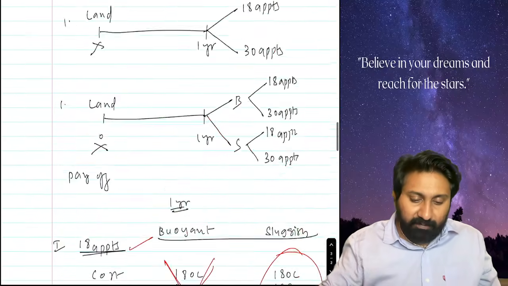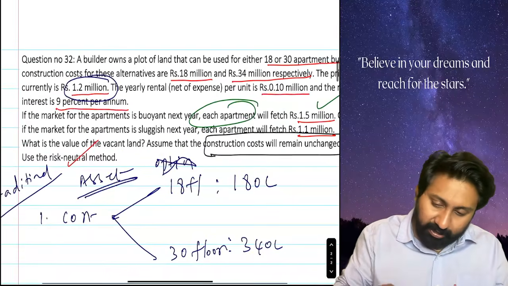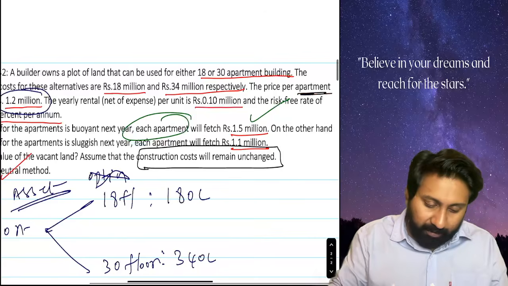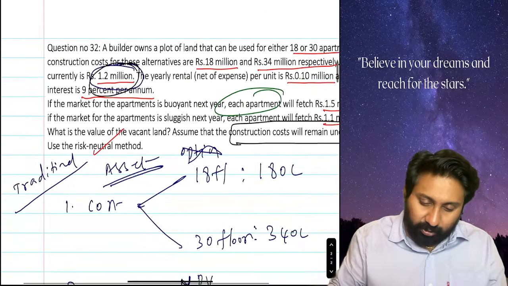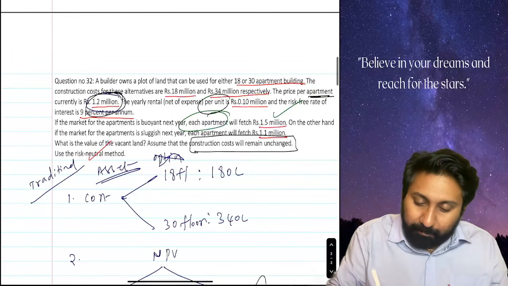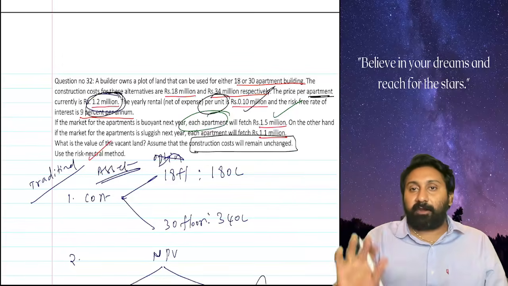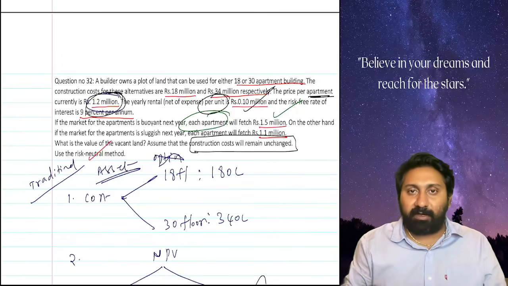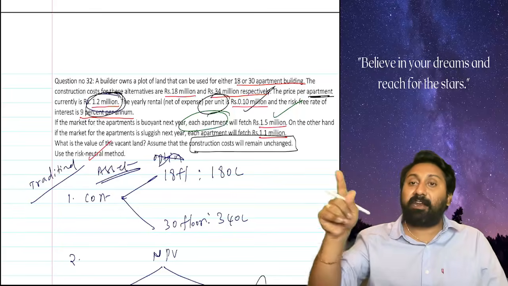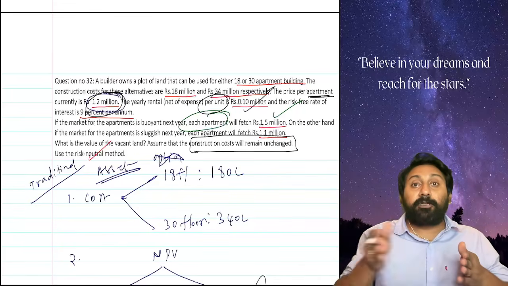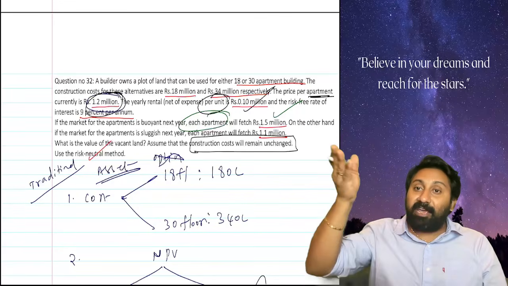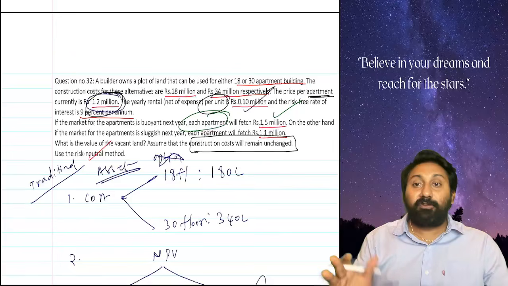Technically you will get a rent. Read the question: the price per apartment is 12 million, and the yearly rental per unit is 1.1 million. If you have a building today, 1 year after you are going to get the rent. But if you postpone by 1 year, construction will start after 1 year, so you will not get a rent.